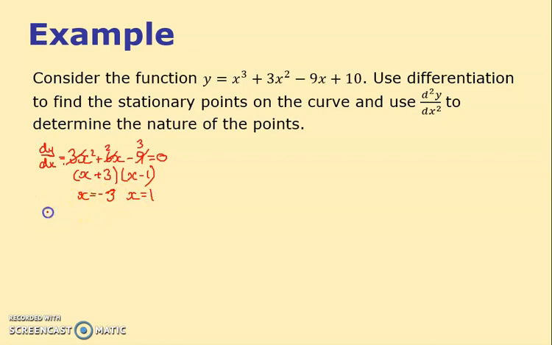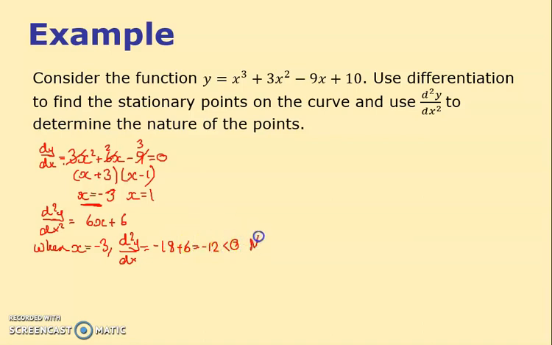If you remember, what we then do is we find d2y by dx squared. d2y by dx squared on this, without the simplifications, gives me 6x plus 6. And this is where it particularly comes into its own. This is where I have to substitute these values in. So to do that, I write when x equals minus 3, d2y by dx squared equals, and I put minus 3 in, and you can see I get minus 18 plus 6, which is minus 12, which is less than 0.